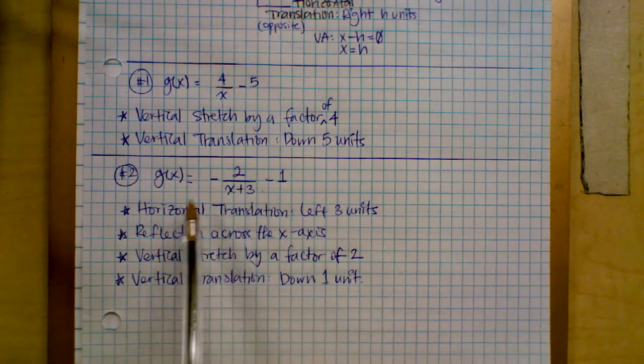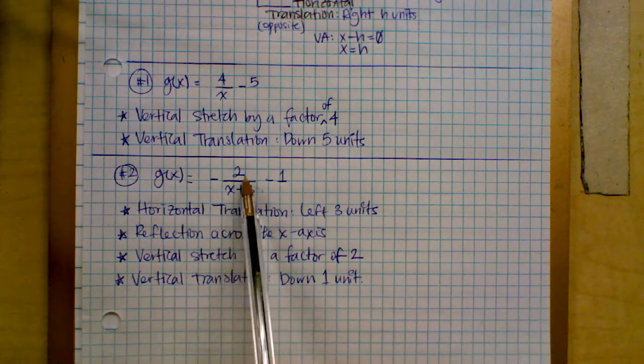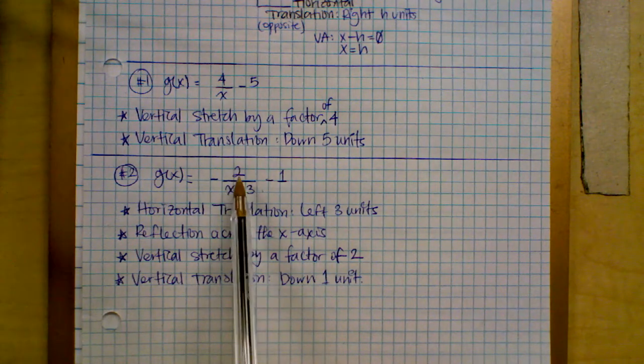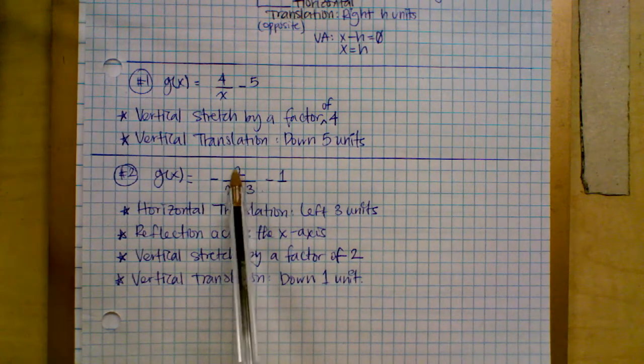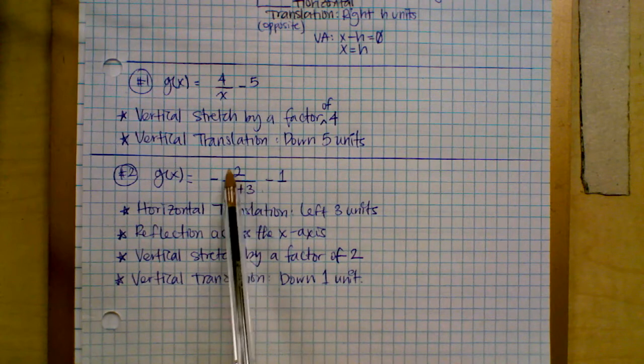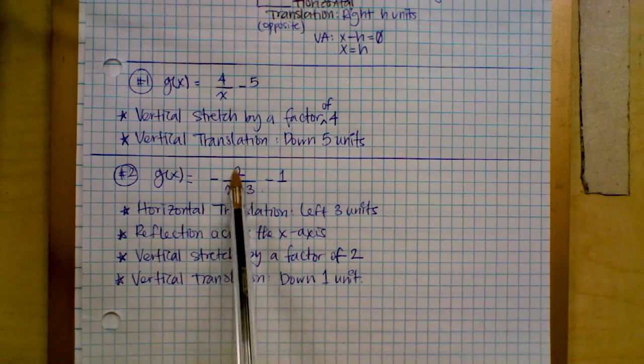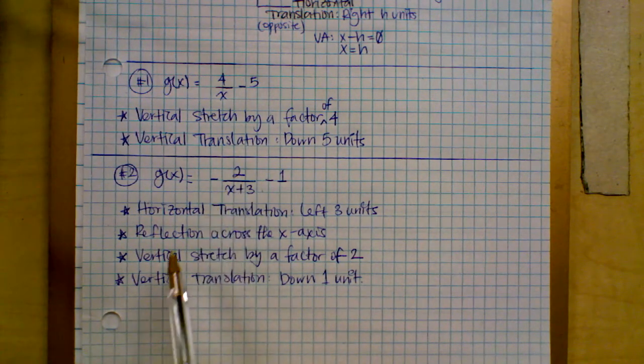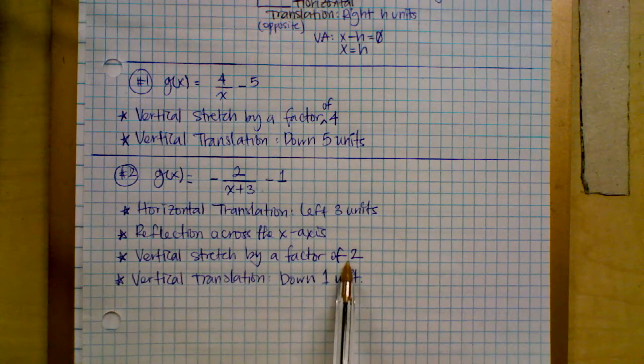Now, the next transformation, if you wanted to put it second, can be a vertical stretch by a factor of 2, because you have a number on the numerator that is greater than 1. Okay, so that's why I say vertical stretch by a factor of 2.